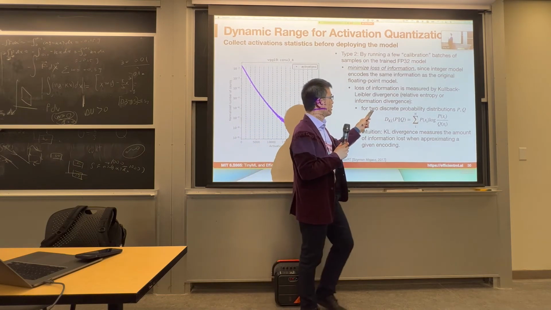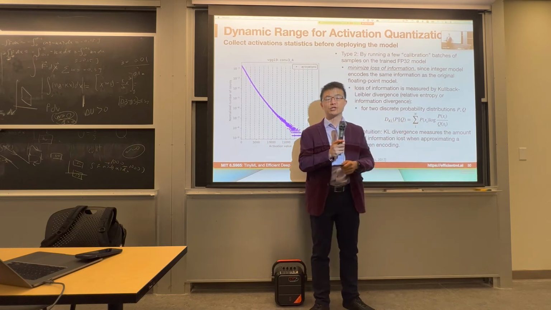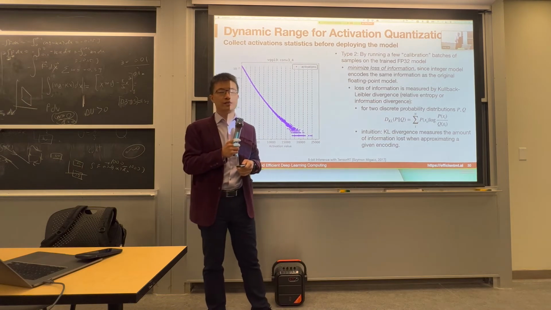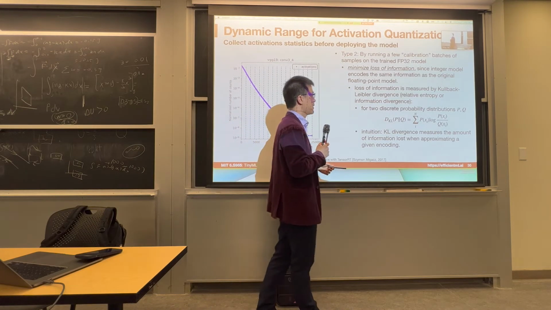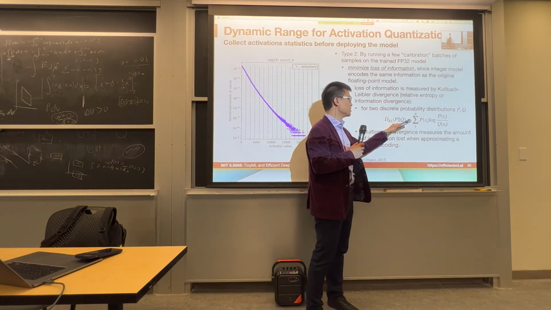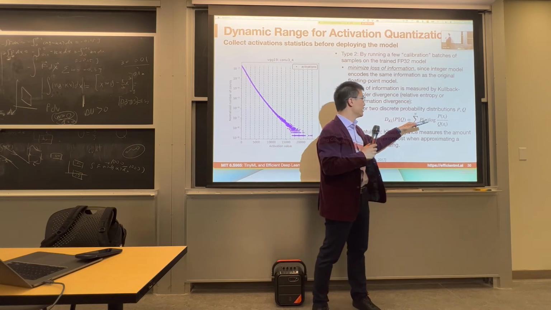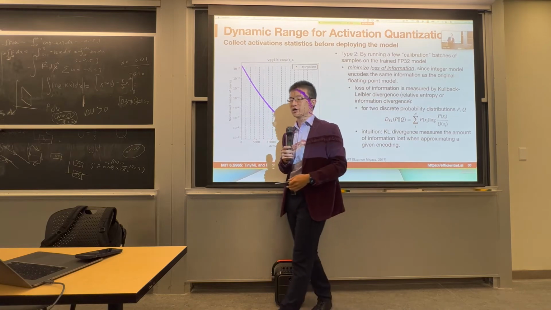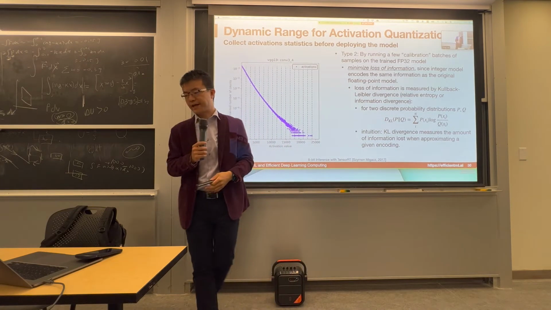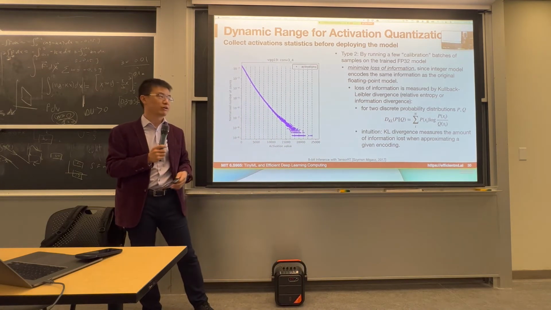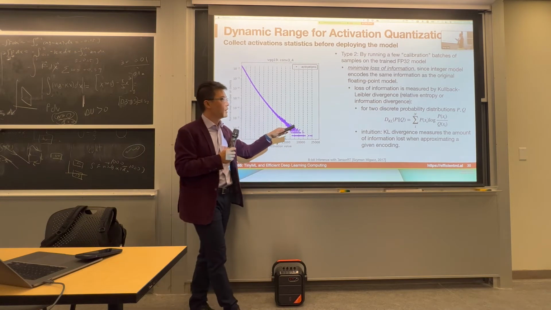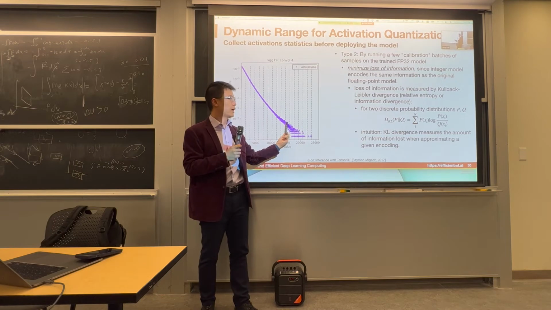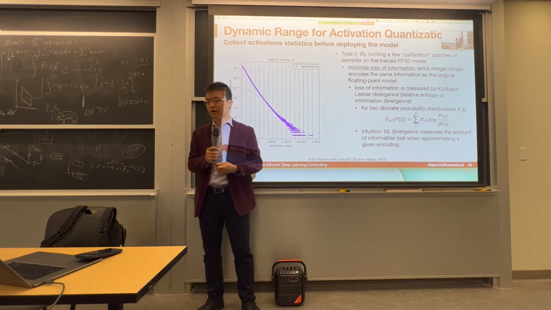For example, if we have two discrete probability distributions, P and Q, one before quantization, one after quantization, we want to minimize their KL divergence, which is defined by P(x_i) times log of P(x_i) over Q(x_i), and then sum them up together. It's very easy to calculate. And then we want to just find the location where we can minimize such KL divergence.